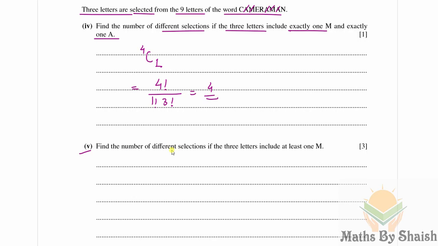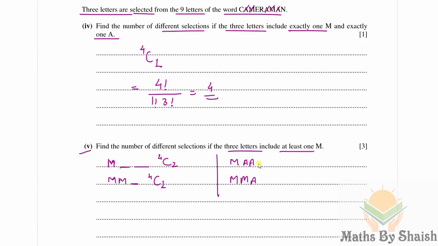Now the fifth part: find the number of different selections if the 3 letters include at least one M. At least one M. So we are going to differentiate these cases, because out of these 3 A's it does not matter which A we select, it is only one A. So 1 M or 2 M in 2 ways: 1 M and 2 non-A letters, 2 M and 1 non-A letter, and otherwise 1 M and both the A's, or 2 M and 1 A. If we are not choosing A, the 2 places can be selected in 4C2 ways, and this one in 4C1 way.